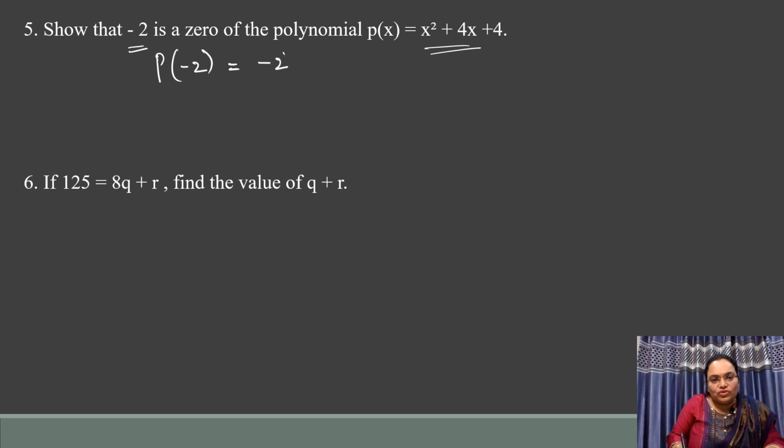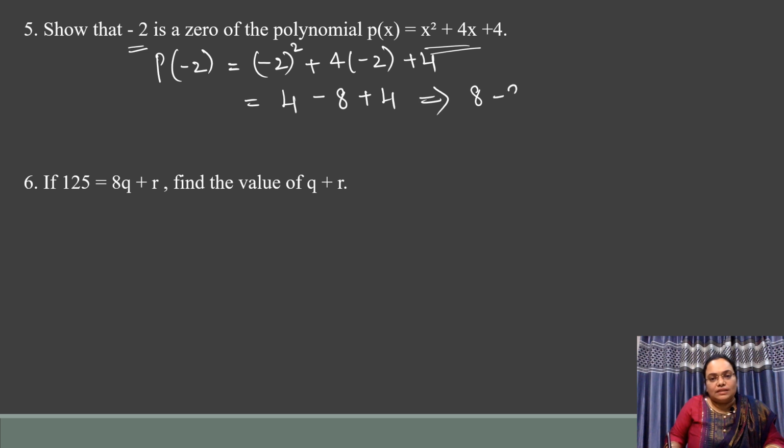That is (minus 2) whole squared plus 4 of minus 2 plus 4, which is 4 minus 8 plus 4. 8 minus 8 is equal to 0. Therefore, minus 2 is the zero of the polynomial p of x.